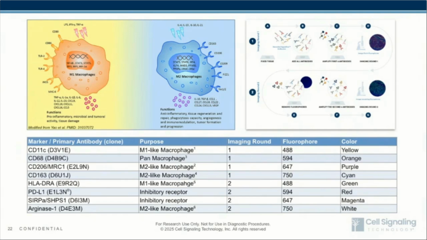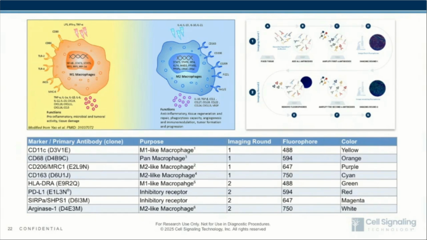It is very much a spectrum of expression of different biomolecules that enable a function that is more pro-inflammatory in the M1-like and more anti-inflammatory in the M2-like. And depending on the balance of the expression of these different cytokines and receptors, these macrophages can tip from one to the other and have more of the function of either pro-inflammatory or anti-inflammatory.